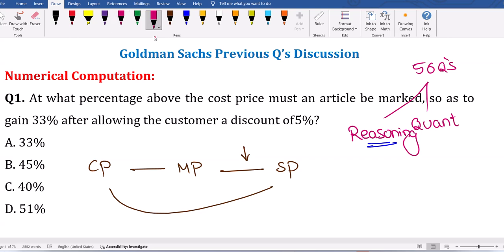Let us say 100 rupees is the marked price. You give a 5% discount, then the selling price is 95. We are assuming here the marked price is equal to 100. Then with a 5% discount it is 95, then they given a 33% gain.